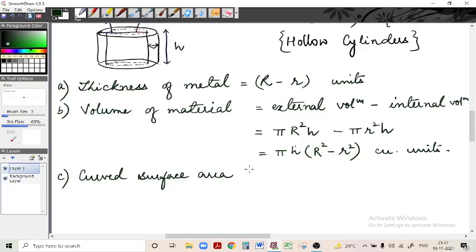Now students, next time onwards, curved surface area I am going to write it as CSA. Right?